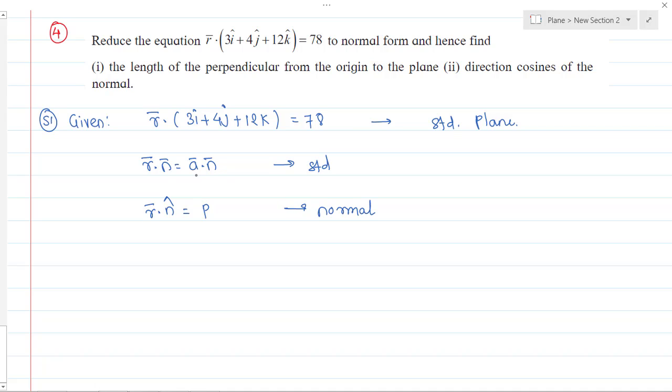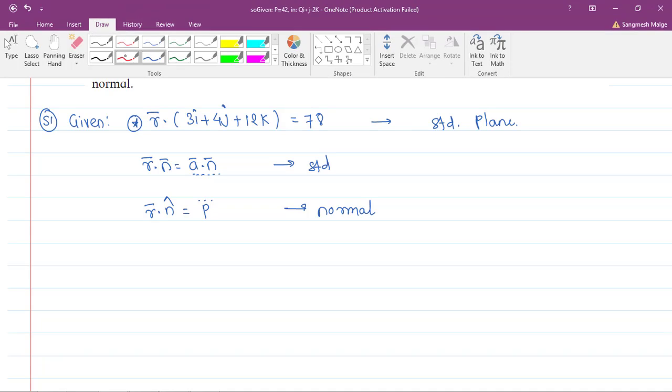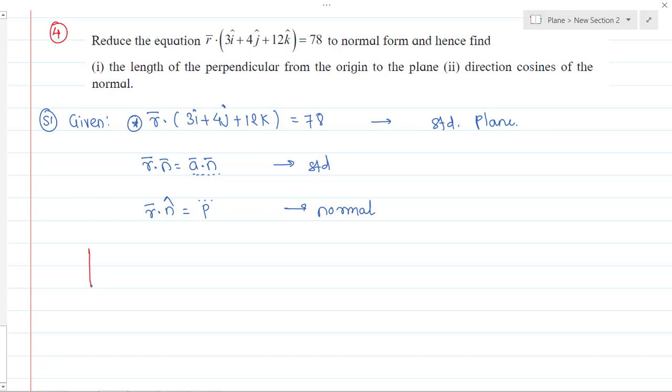Now a bar dot n bar is also a scalar quantity and p is also a scalar quantity, n bar is a vector and n cap is also a vector. So you may get confused about which form the given equation is. Okay, so the thumb rule says that if they have not mentioned anything, the thumb rule is what?